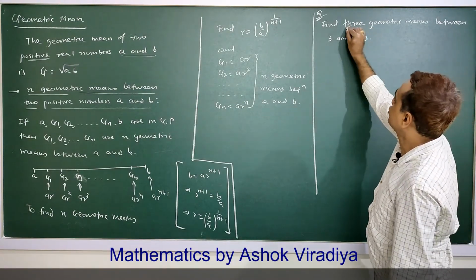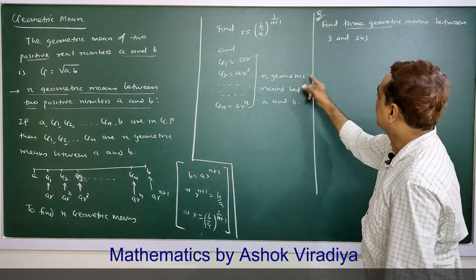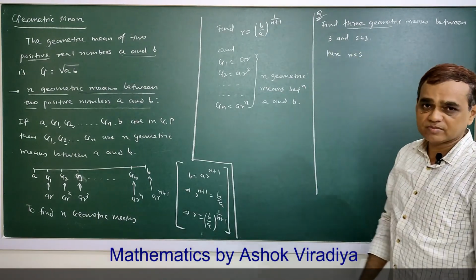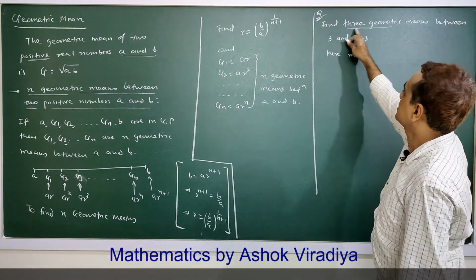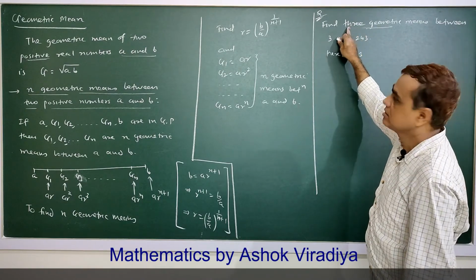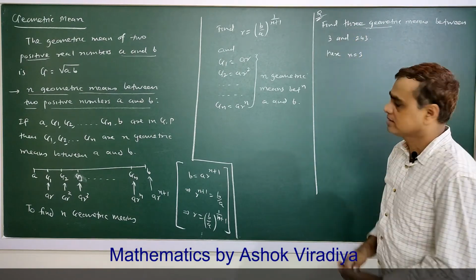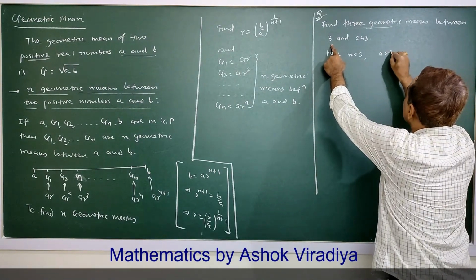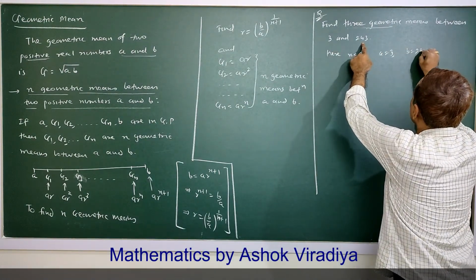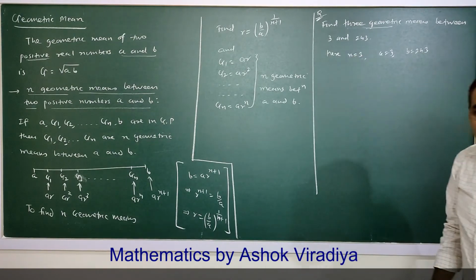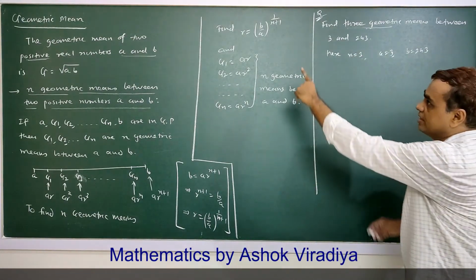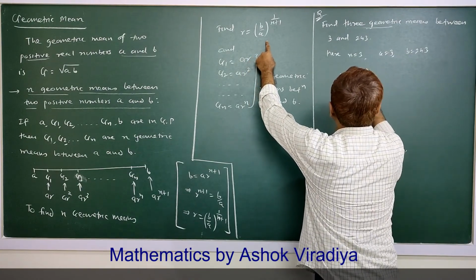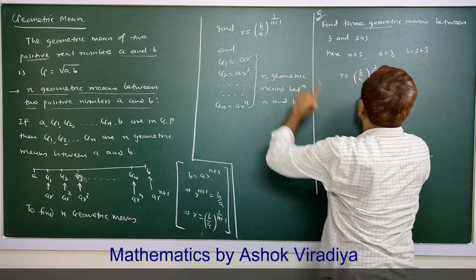We want 3 geometric means, n geometric means. So here we are taking n equal to 3. Then A is 3, B is 243. So first of all we find R is equal to (B by A) raised to 1 upon n plus 1.